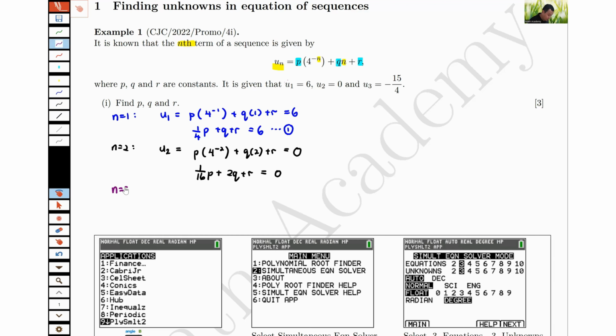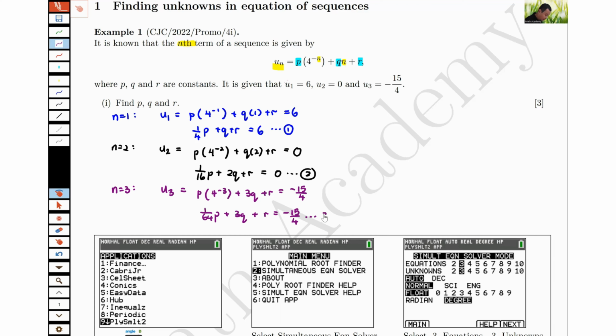And the third equation will be with n is 3. Okay, so 3 equations, 3 unknowns.